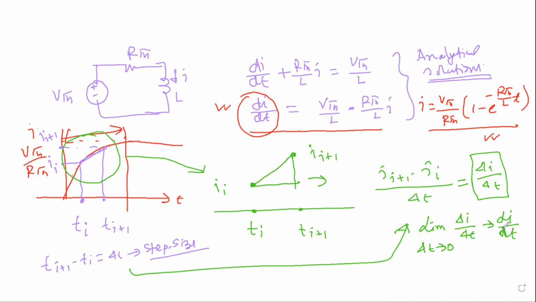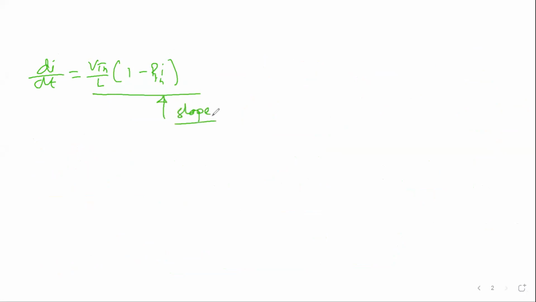Now once that approximation is available to us, our equation that was continuous, di divided by dt is equal to V_TH divided by L into 1 minus R_TH i divided by V_TH. This equation is the slope of your curve.